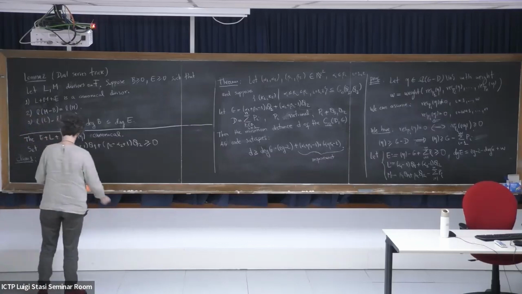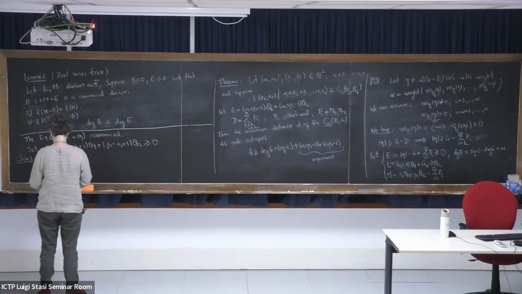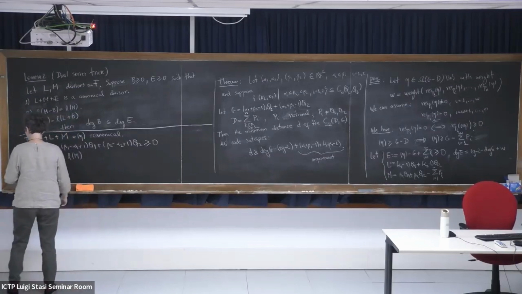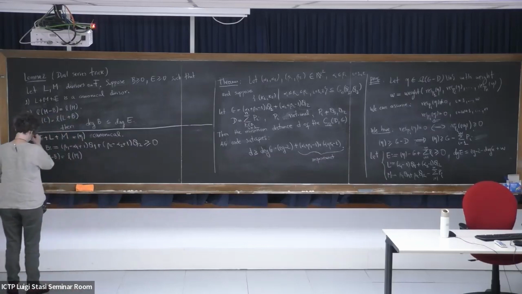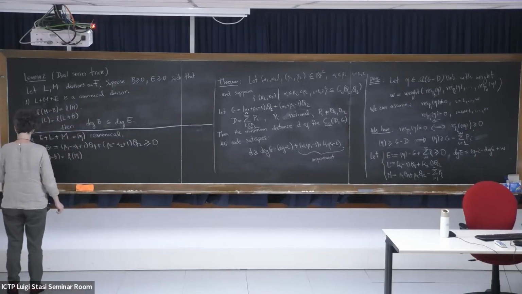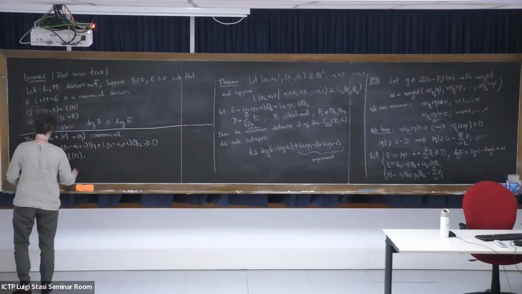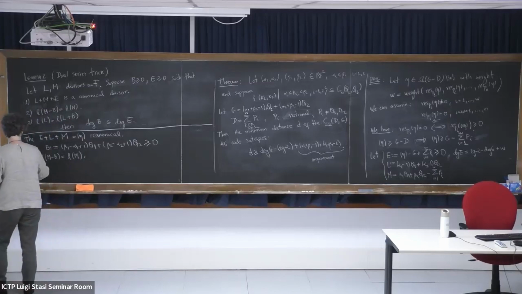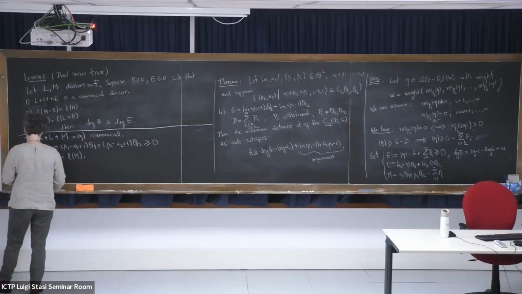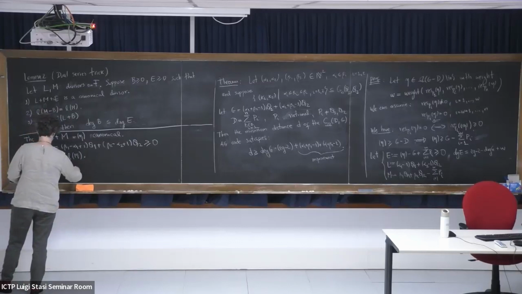So okay, let's do it. We are going to define another divisor, L2. It will be beta 1 Q1 plus beta 2 Q2.